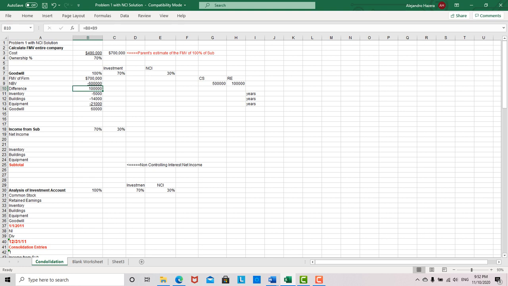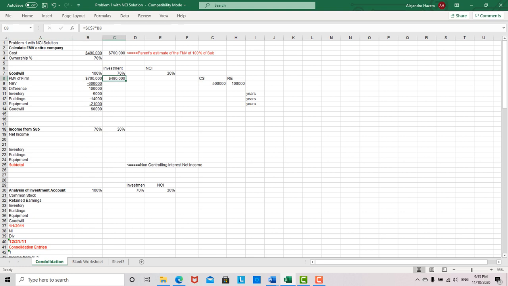Okay, and the easiest way is just to take the 70% and multiply it times the value of the firm. That gives you 490. Just happens to be what you paid. Okay, and let's go ahead and freeze the 70% here. Let's freeze it with dollar signs.